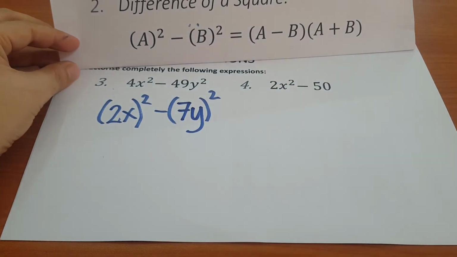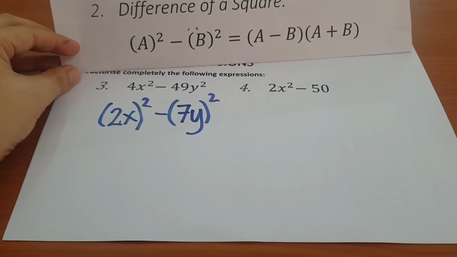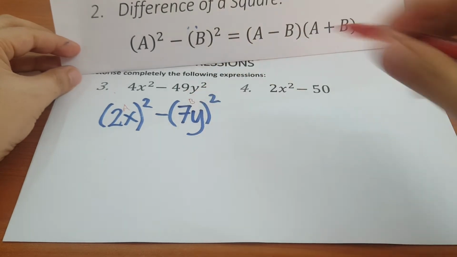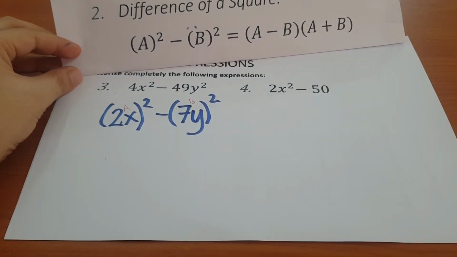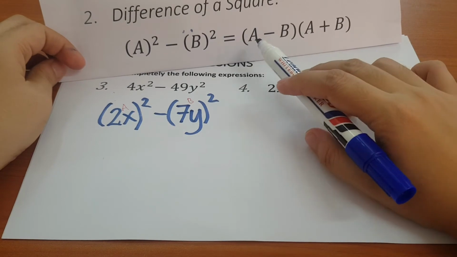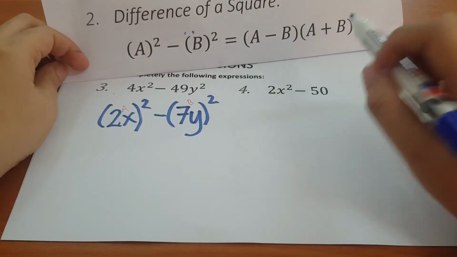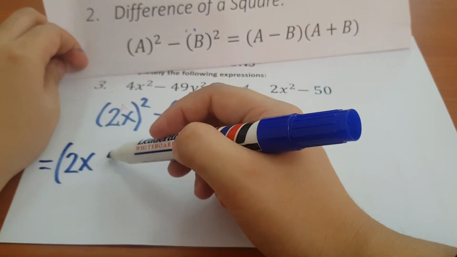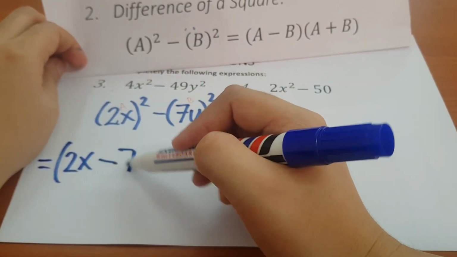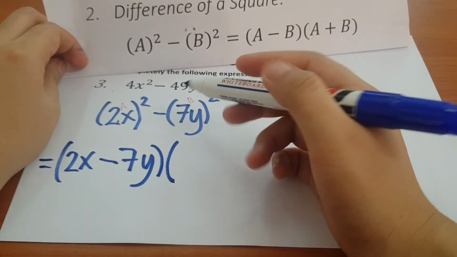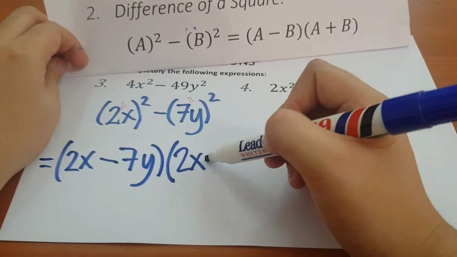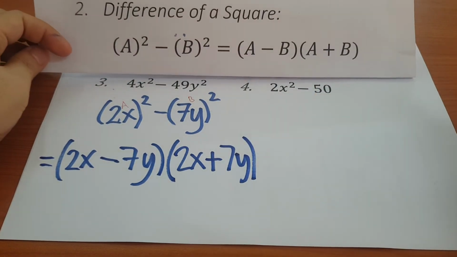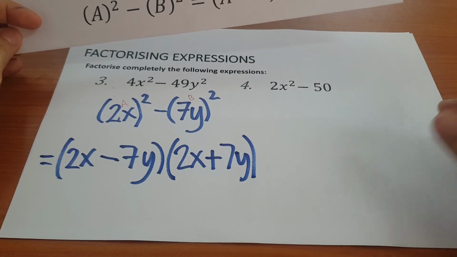Since we can rewrite this as a square, this will be our a and this will be our b. So we factor as a minus b, a plus b. a is 2x, b is 7y. So it's 2x minus 7y, 2x plus 7y. So that's it. We've factored the given expression.